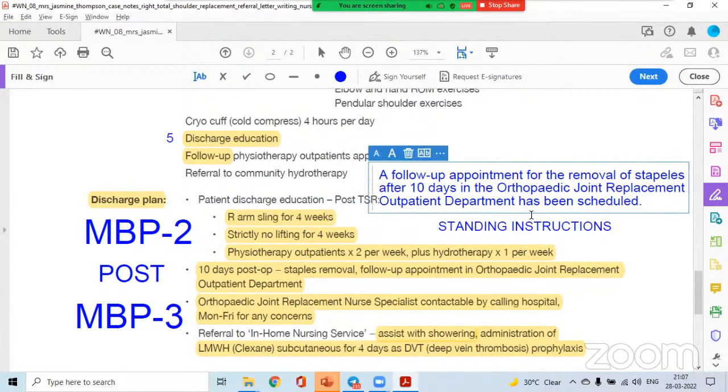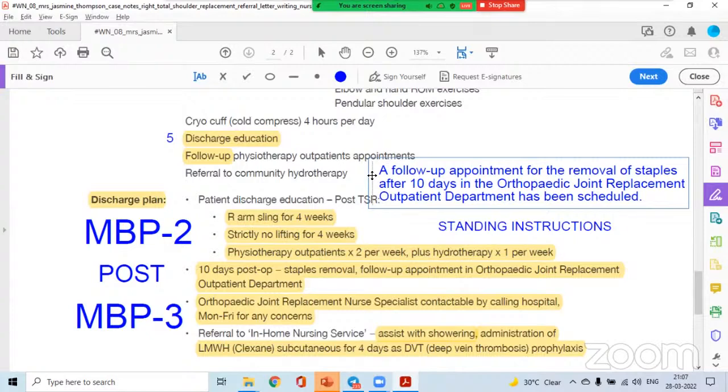A follow-up appointment for the removal of staples after 10 days in the orthopedic joint replacement outpatient department has been scheduled. So this is another sentence. I'll give you one more sentence.